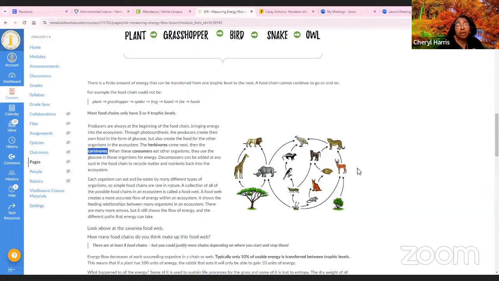So you might be given a picture like this and then asked which one of these organisms is an omnivore. So you would need to follow the arrows to figure out which one is eating both plants and animals. Quickly look at this picture and tell me, is there an omnivore in this picture?